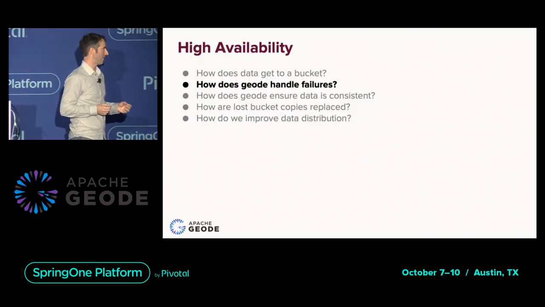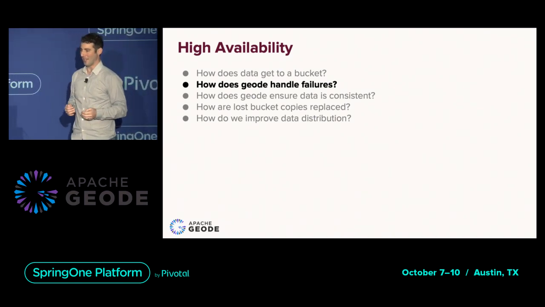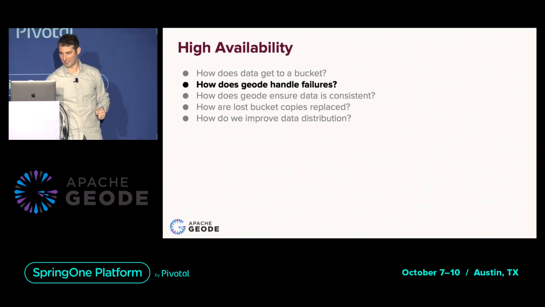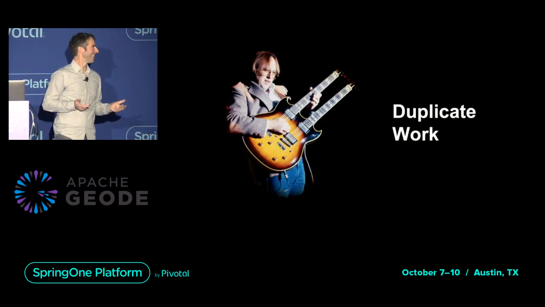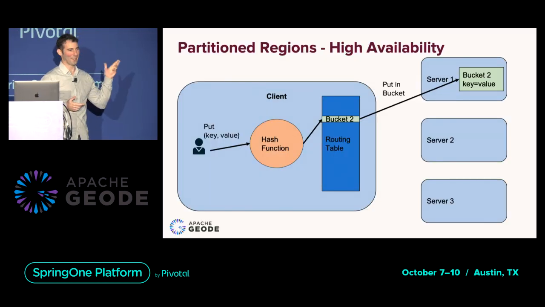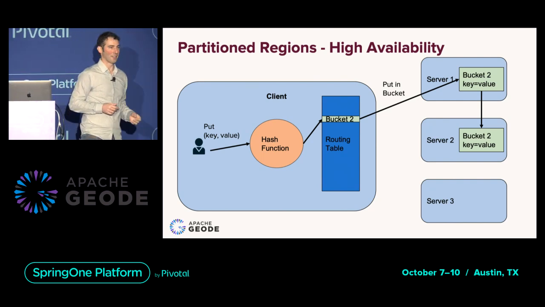Okay, so I told you that Geode is highly available. So we also have to handle failures in some way. And in order to do this, we called on another common programmer tendency, which is duplicating work. So in our case, this means that we don't just have one copy of your bucket, we actually have another copy of your bucket.